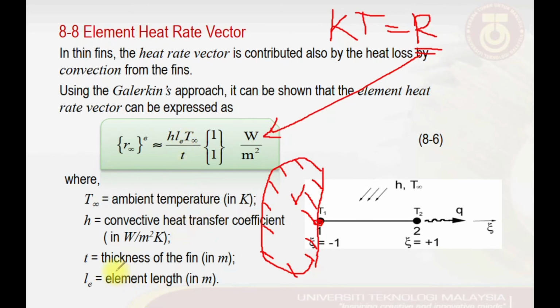L is just the length of the element, from node number 1 until node number 2 in this figure. And we have T infinity, which refers to the convection temperature or ambient temperature, and the small t here refers to the thickness of the fins.